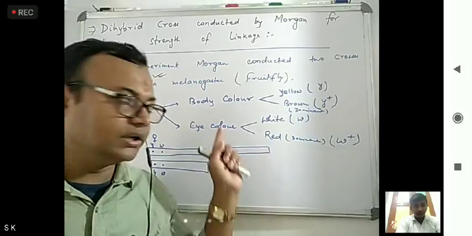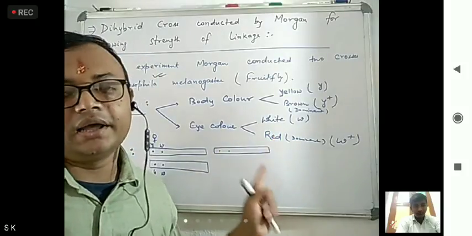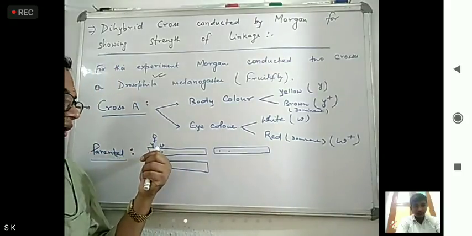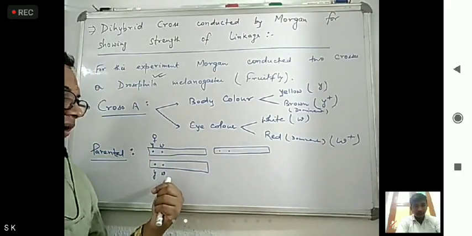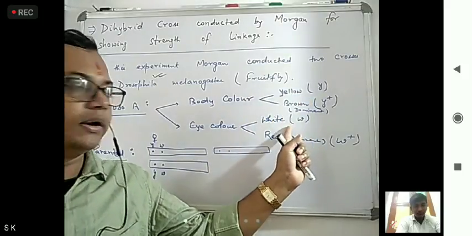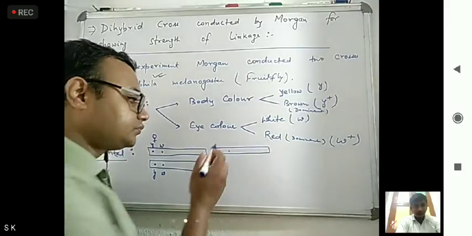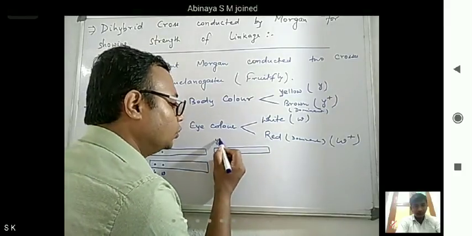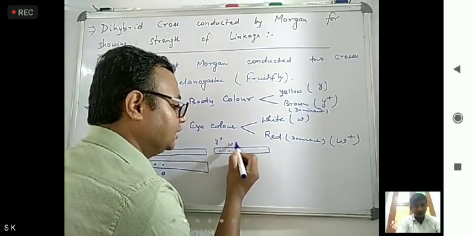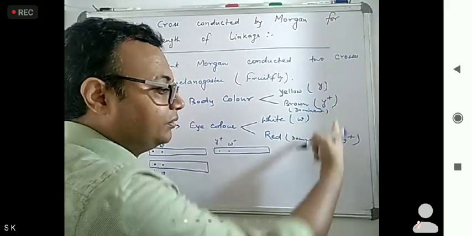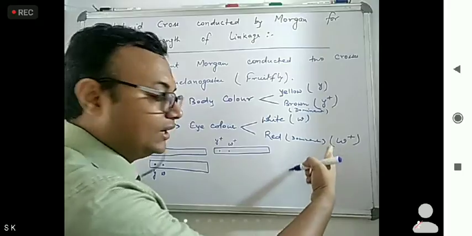Here you can see YW means yellow and white, the recessive characters, and here superscript Y plus and W plus. So Y plus is brown, which is dominant, and W plus is red, which is dominant.